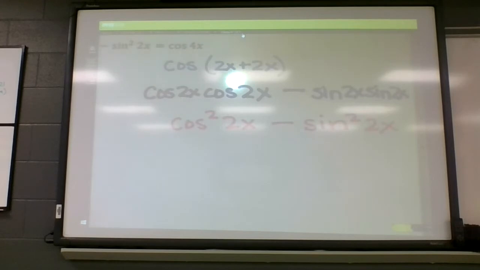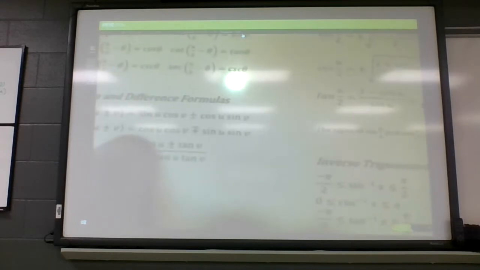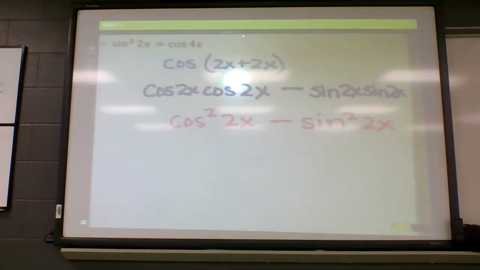So if you ever wonder where that double angle identity right here comes from, it comes from using a sum and difference identity. So a little bit more complicated there, I would say, just a little bit. All right, any questions so far?